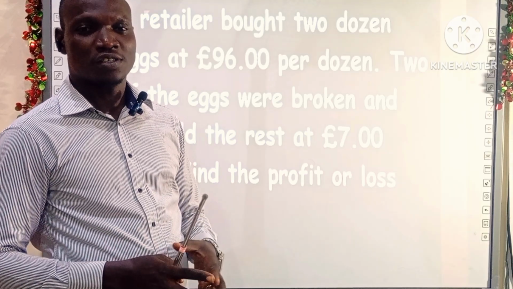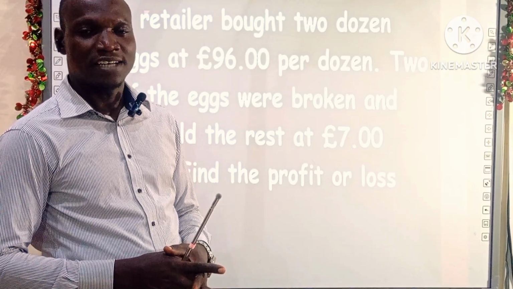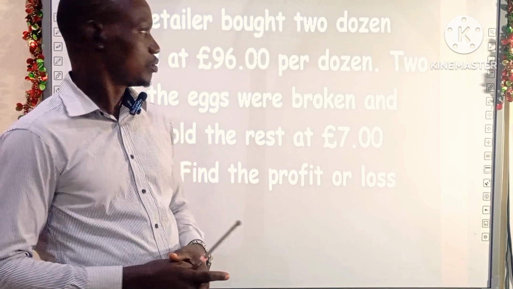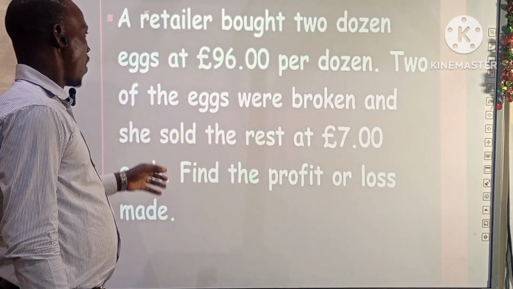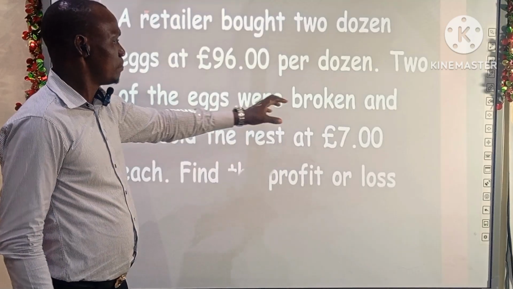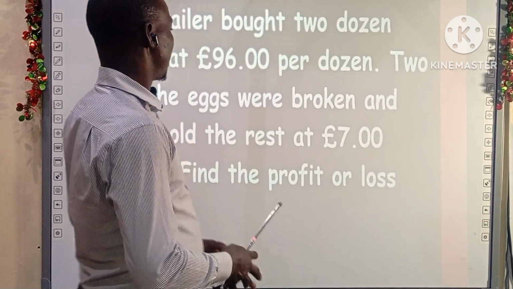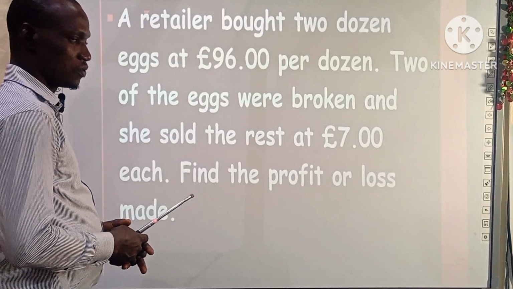So the total cost for the 2 dozen of eggs will be 192 pounds. Now we'll go ahead. 2 of the eggs were broken and she sold the rest at 7 pounds each.